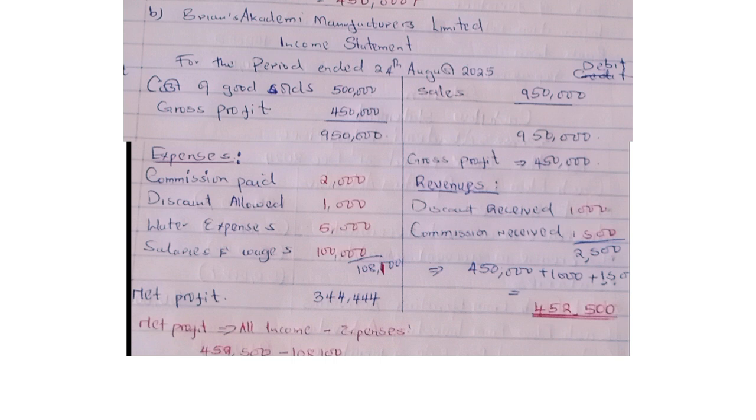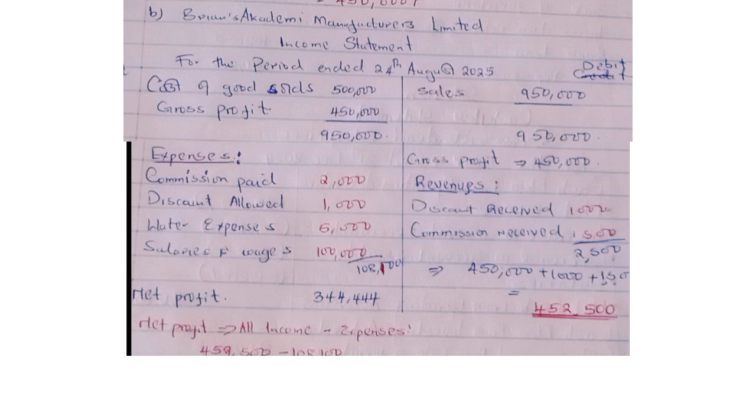We add the one that we got here, that was 2,500. So we are going to come up with a total of 452,500. So that is the final money that we are going to get under the debit part. And remember to underline it using two lines. So that part is finished.